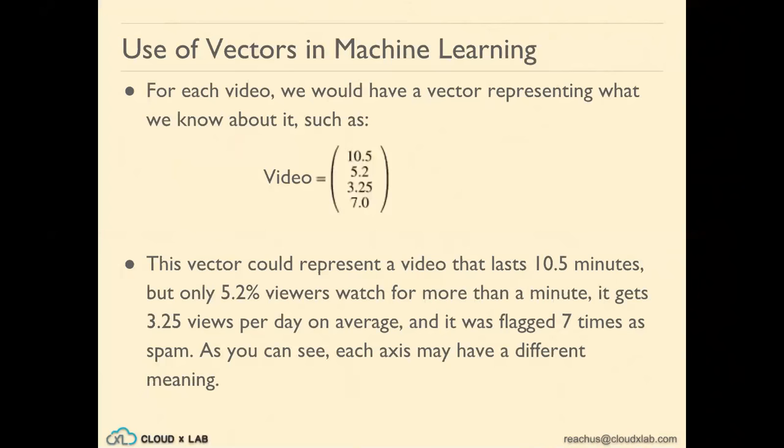That list could be how many gears it has, what speed it can reach, its length, its width, how many cylinders, and how much time it takes to go from 0 to 60. So that will be a vector representing each car.